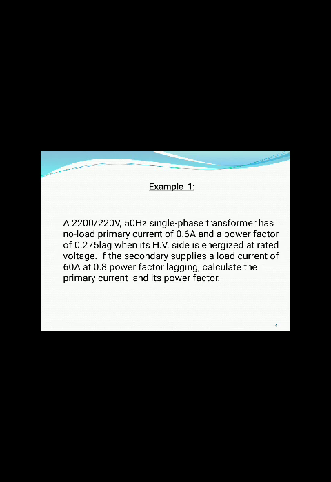The load current is given as 60 amps at 0.8 power factor lagging, and the no load primary current is 0.6 amps with a no load power factor of 0.275.